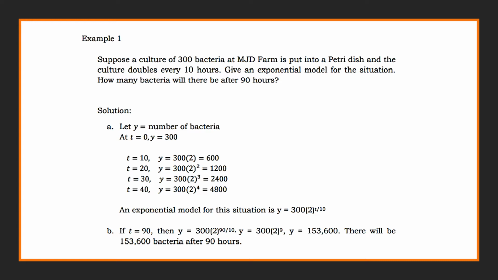So let y be the number of bacteria. At t equals 0, y will be 300. If t is 10, y equals 300 times 2, which is 600. Then if t equals 20, y equals 300 times the quantity 2 raised to 2 equals 1,200, and so on.